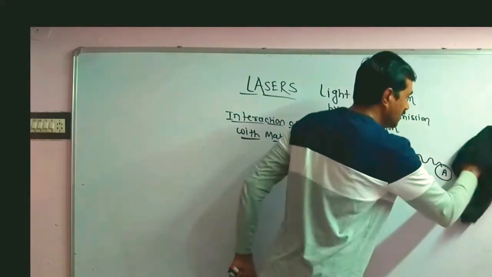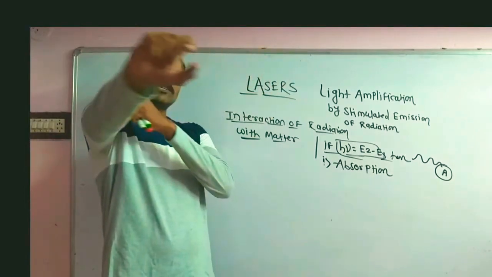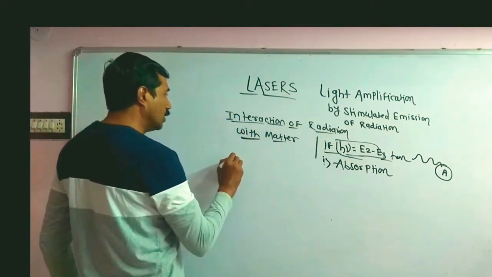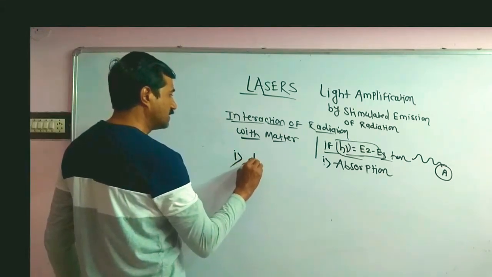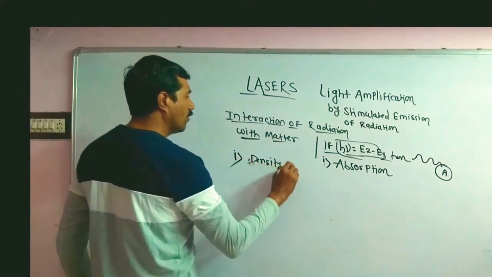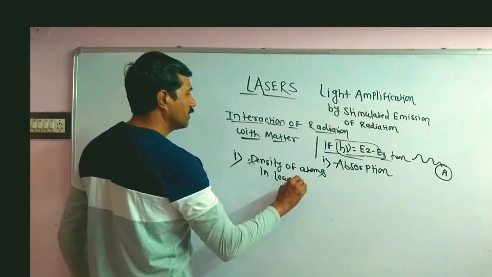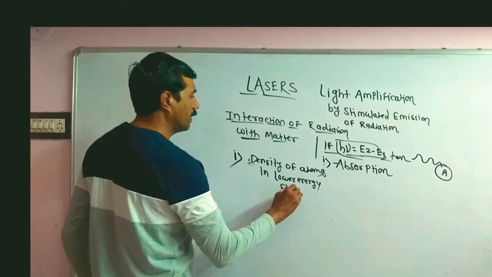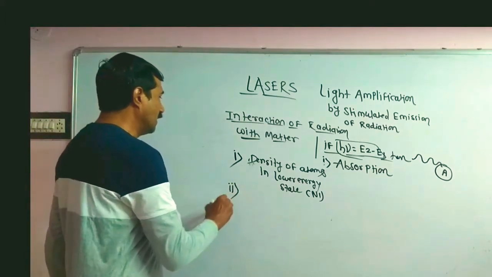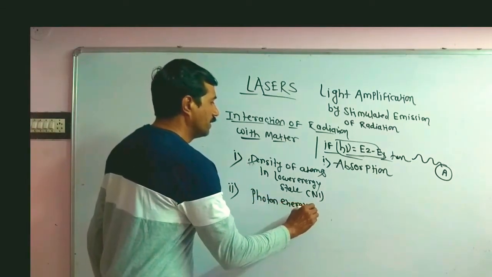Okay, then next we consider how the number of absorption transitions occurring in a particular time is measured by the rate of absorption, which is directly proportional to, first factor, the density of atoms in a lower energy state, denoted by N1, and second, the photon energy density.